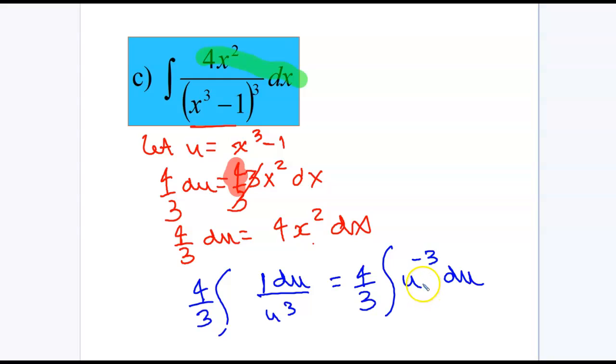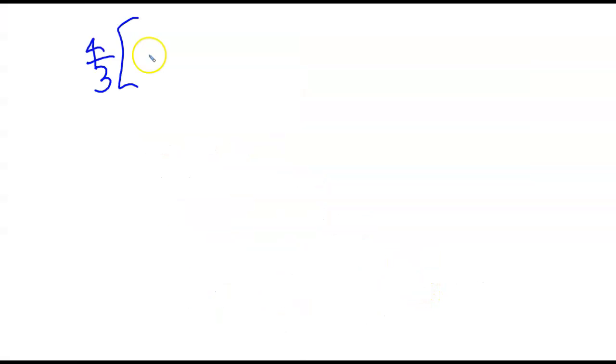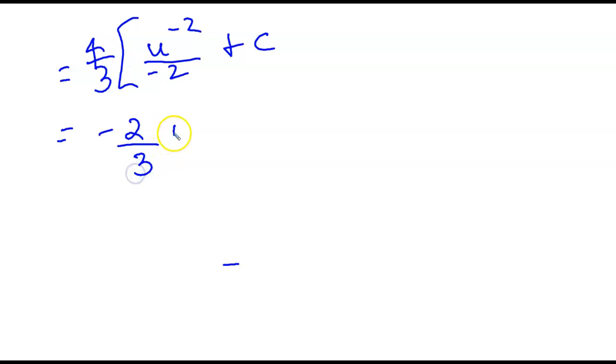So this is going to be 4/3 u to the minus 3. If I integrate, I add 1 to get minus 2 and divide by minus 2 plus a constant. So this is going to be negative 2 over 3 u to the minus 2 plus a constant.